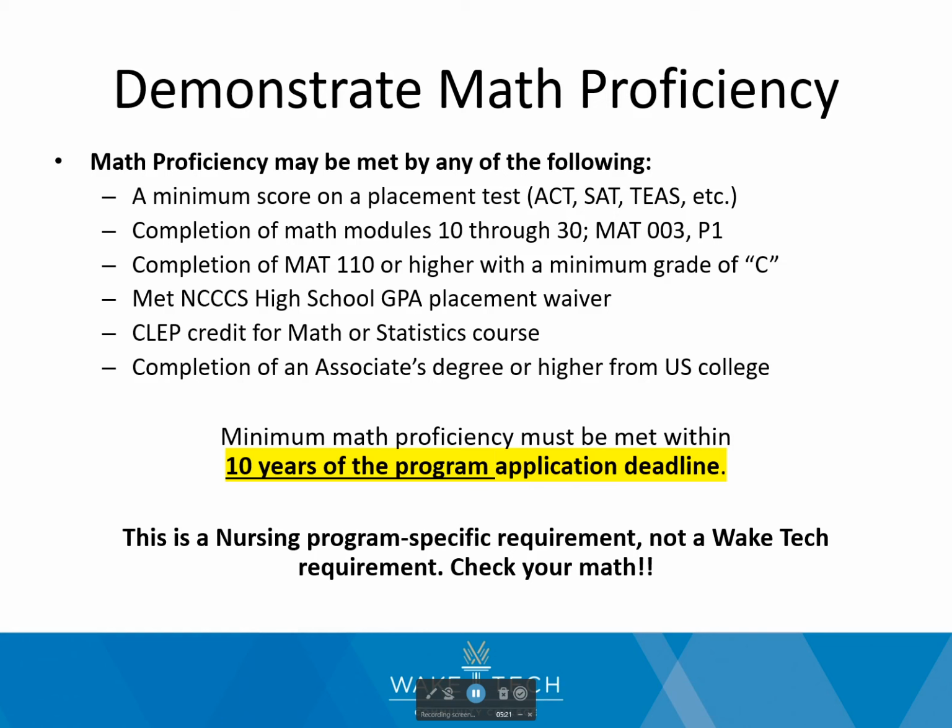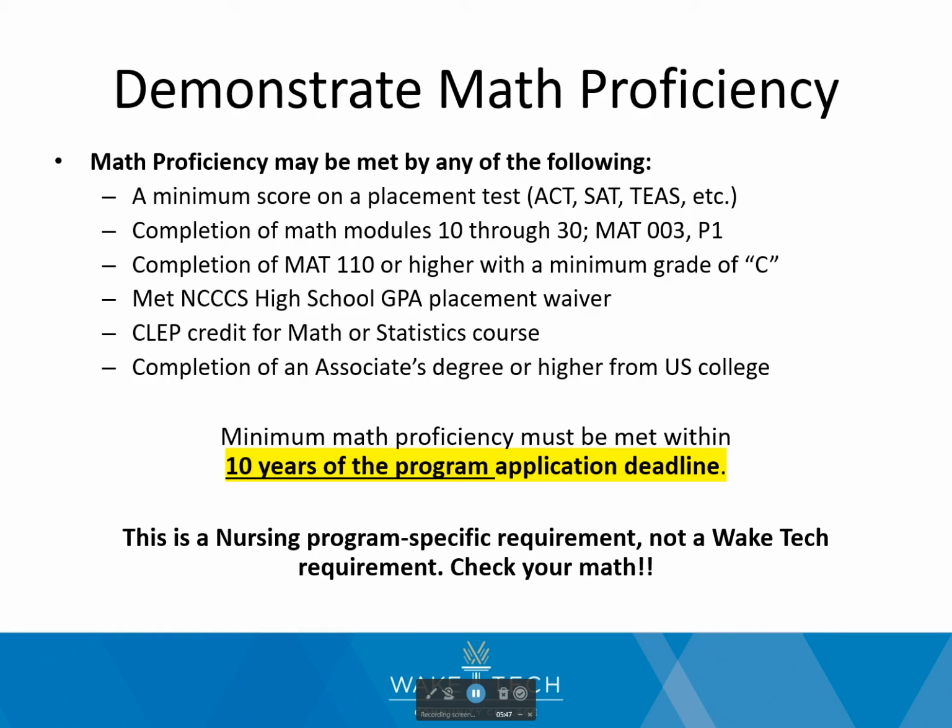Now, the math proficiency can be a high school GPA, a college level math course, a college placement test, or completion of an associate's degree or higher. The only thing to remember with the math proficiency is it has to be within 10 years of that program application deadline.